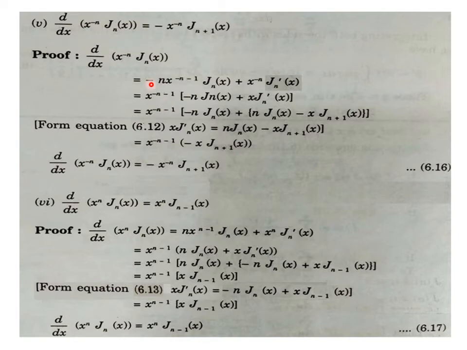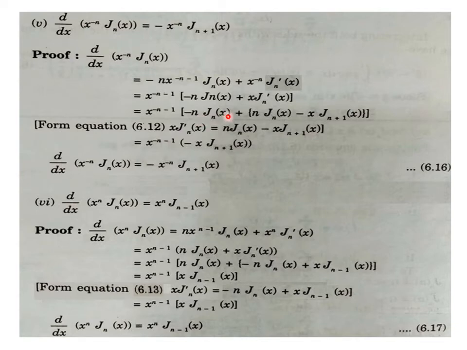Then we remain with minus n Jn(x) plus x, because x power minus n is there and we have taken x power minus n minus 1 as common, so it is x only, into Jn dash (x).